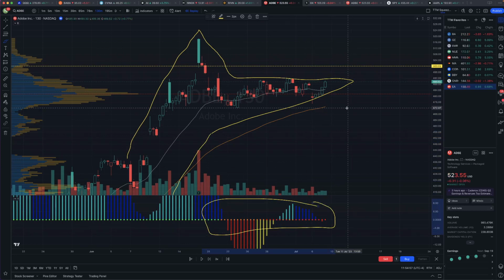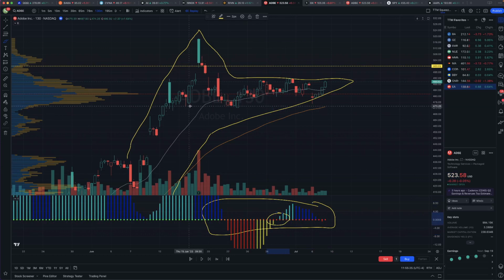So that's what we're looking for, and it doesn't matter if the squeeze is headed down. The ideal situation for us is that the squeeze momentum has rounded to either yellow or light blue, and that's kind of when we want to enter. Kind of in this area.